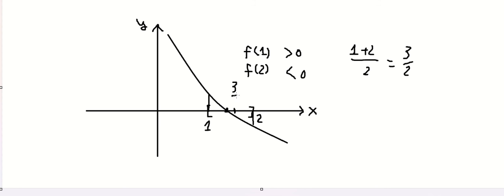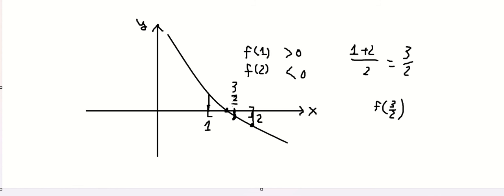So if we have 3 over 2, we need to compare the value, which one is smaller or bigger. Let's say the value at 3 over 2 is bigger than the value at this location here.